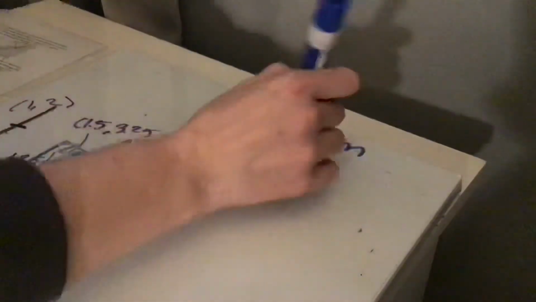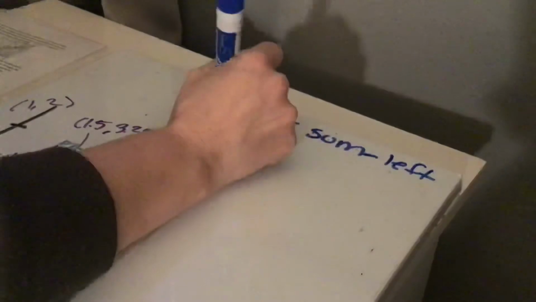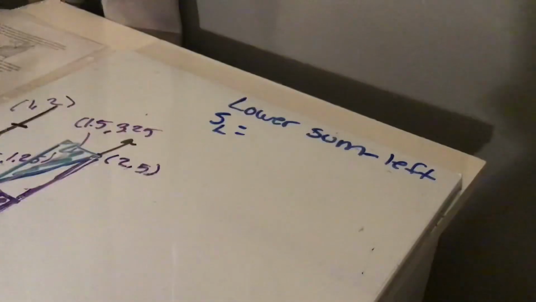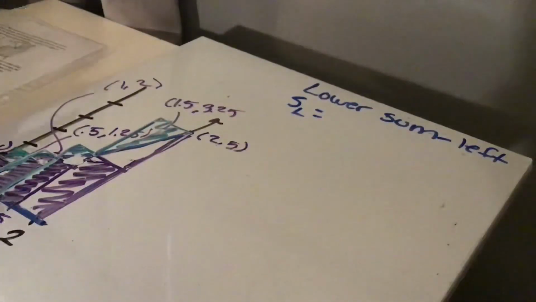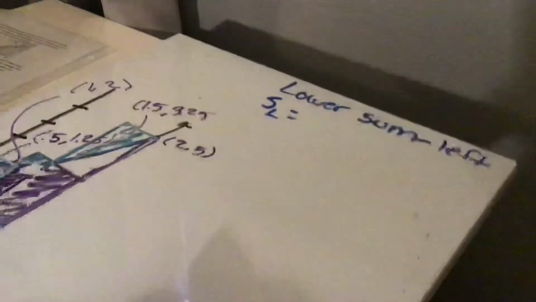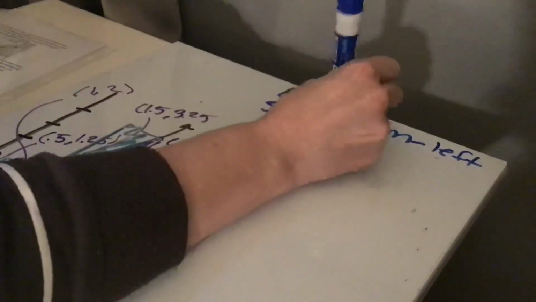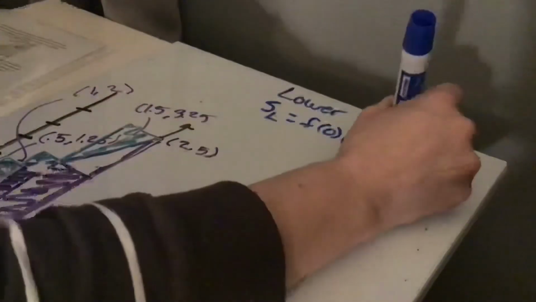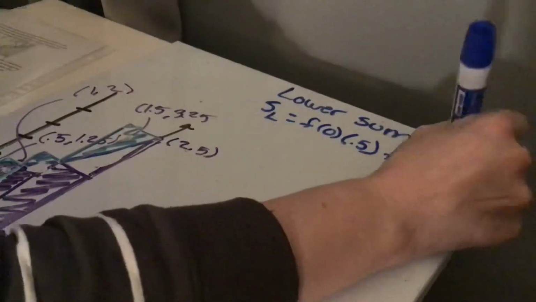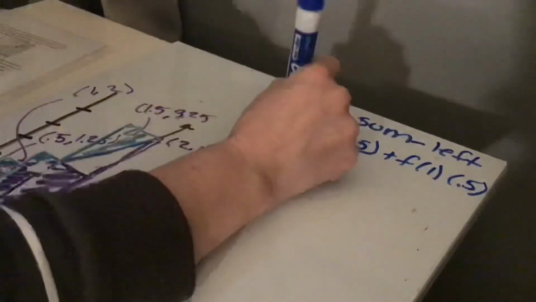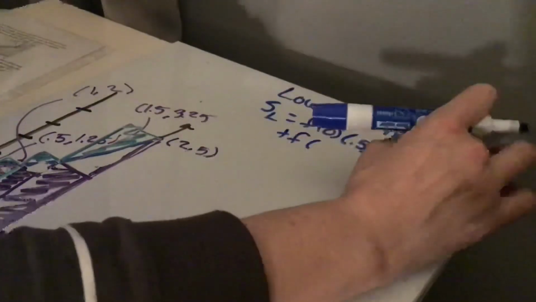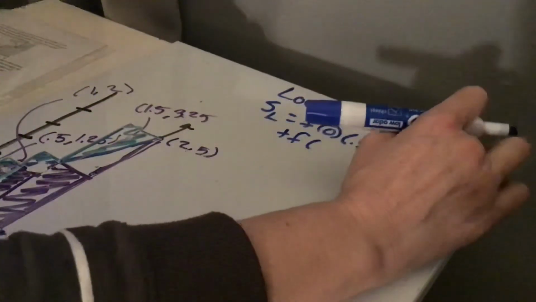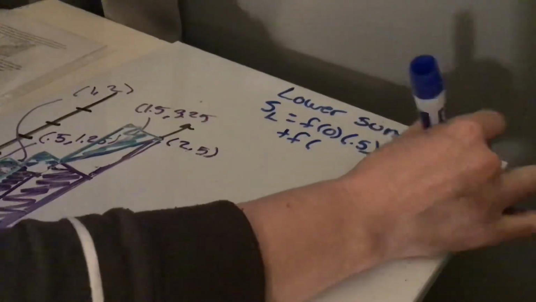Okay, so the lower sum is the left rectangles. So we're going to say that that is the ones that we started with, right? So the area of this first one would be the height of 1 times 0.5. So the function evaluated at 0 times the width of the interval plus the function evaluated at 0.5 times the width of its interval, because we need all of our rectangles.